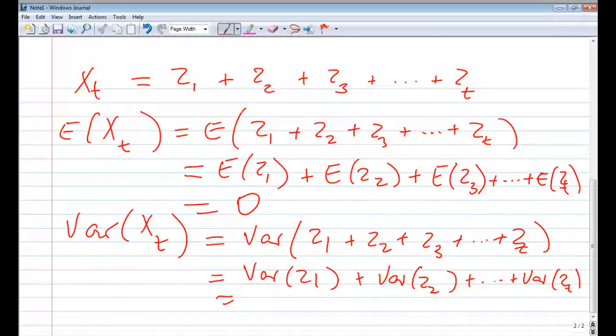Sigma squared Z. The same applies to the variance of Z2, which is sigma squared Z. Var of Z3 is sigma squared Z, and var of ZT is sigma squared Z.